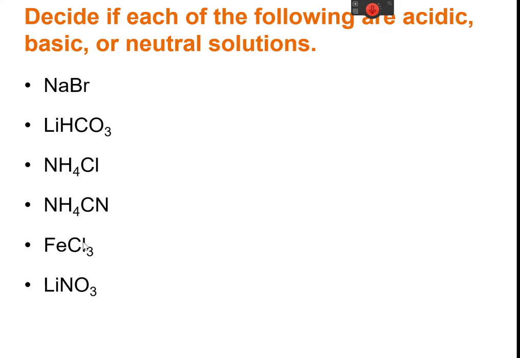And I'll tell you, if you want to try it out, you'll end up finding that it is basic because the cyanide ion has a greater effect than the ammonium ion. And that is by comparing the values of Ka to Kb, and you might have to convert some of those from Ka to Kb in order to do that comparison.